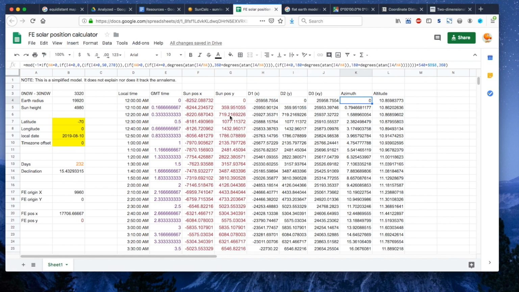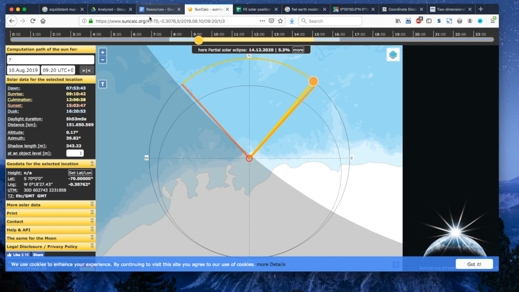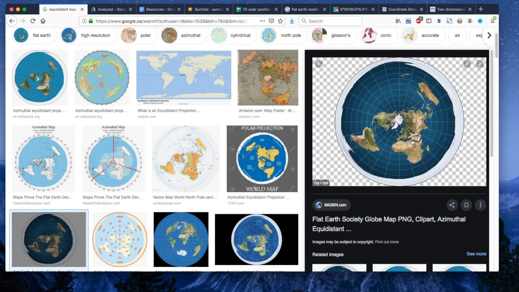The azimuth is the angle between the observer and the sun, rotated so that an azimuth of 0 is always pointing back towards the center of the map.